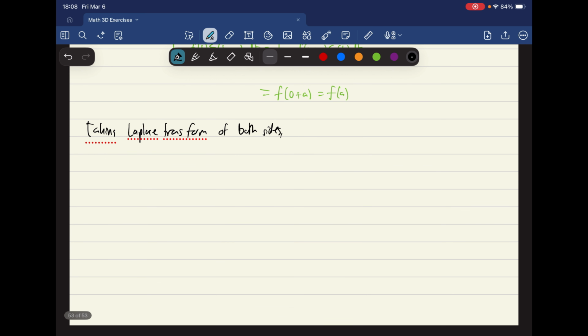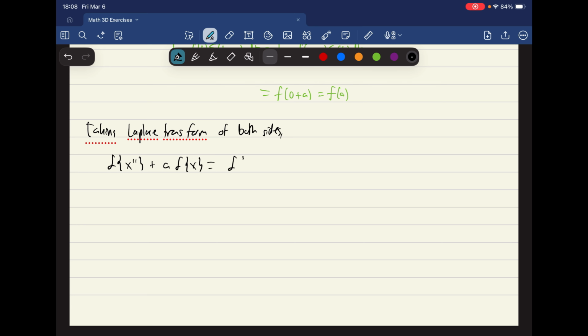Well, we're going to get L of x double prime plus a times L of x equals L of this delta function. And so our task becomes figuring out what the Laplace transform of this Dirac delta function is.